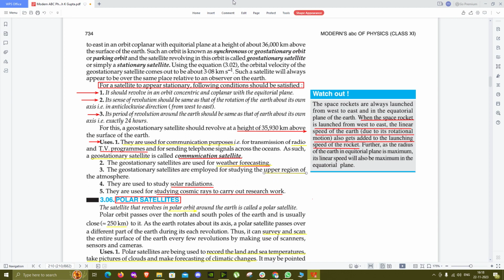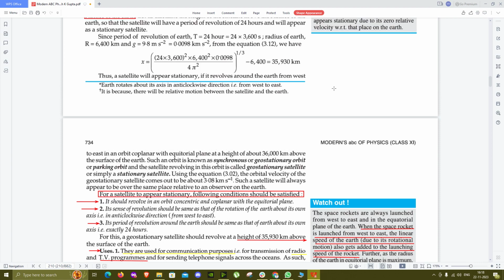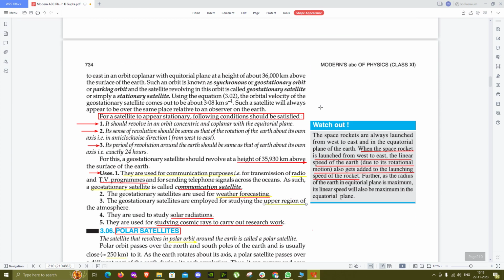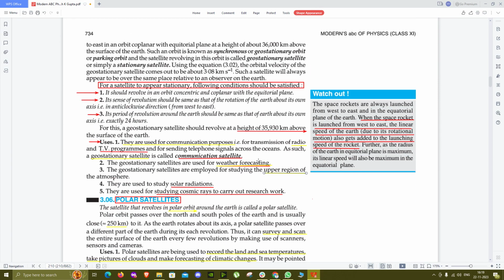Obviously, we know that the parking orbit, the geosynchronous orbit, is around 36,000 kilometers. So the upper atmosphere of Earth can be studied from there because it will have a bigger picture from above.